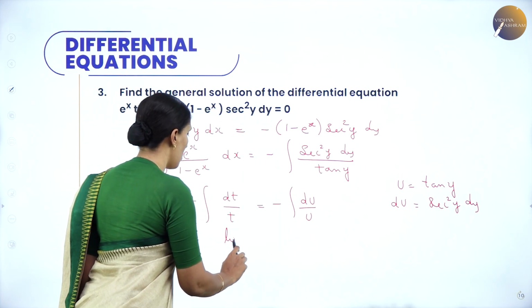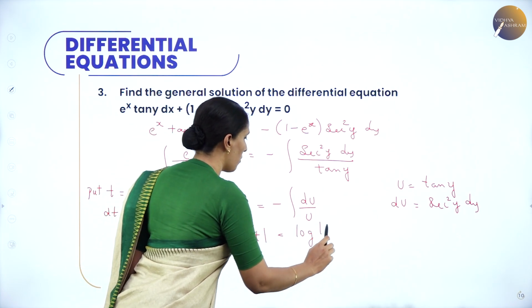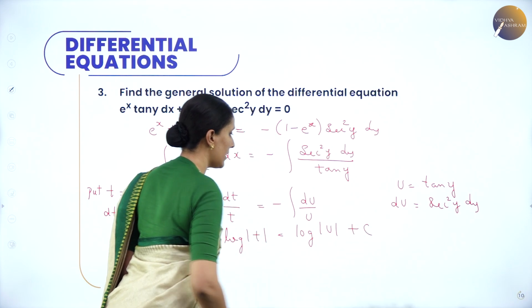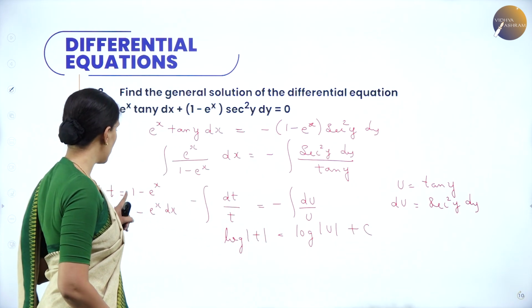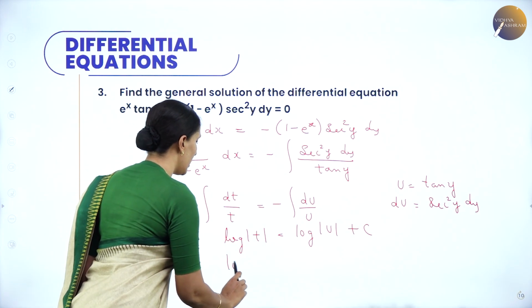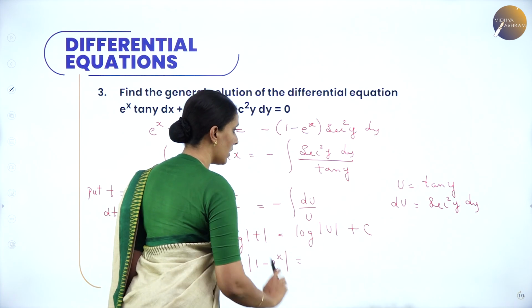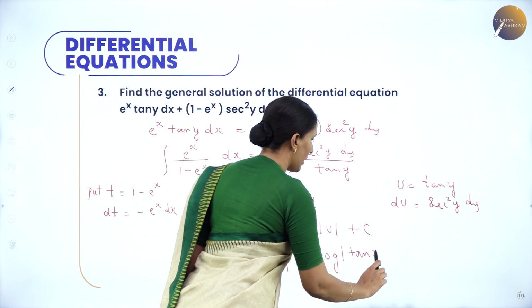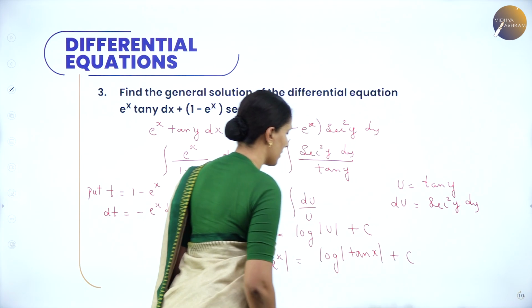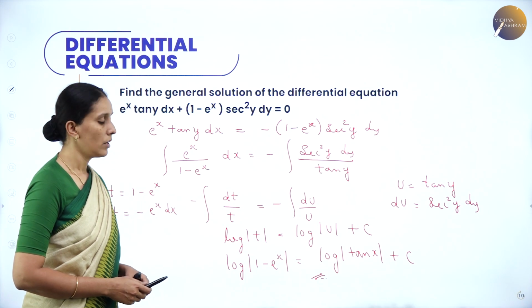So this is log|t| = log|u| + c. What is t here? 1 - e^x, and u is tan y, so log|1 - e^x| = log|tan y| + c. So this is the general solution.